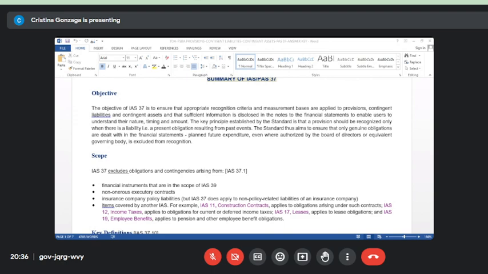Pero kung possible lang siya, you will not disclose anymore. Lalo naman pag remote, no disclosure necessary for contingent asset. Kaya kailangan alamin mo, contingent liability ba ito o contingent asset, and then tingnan mo yung range ng outcome.